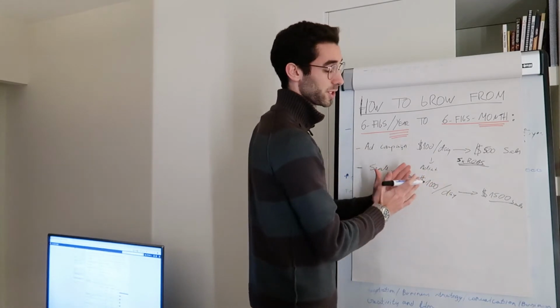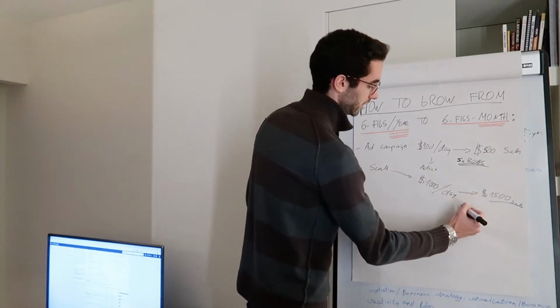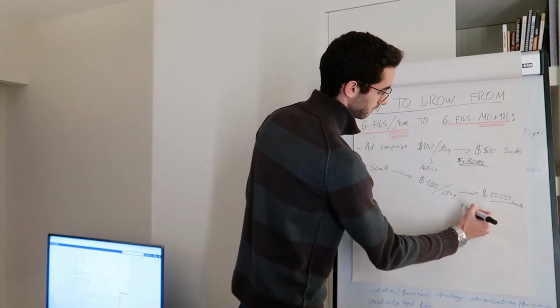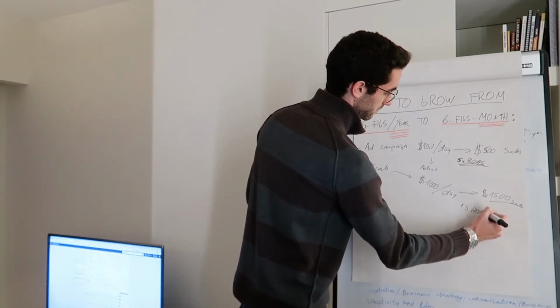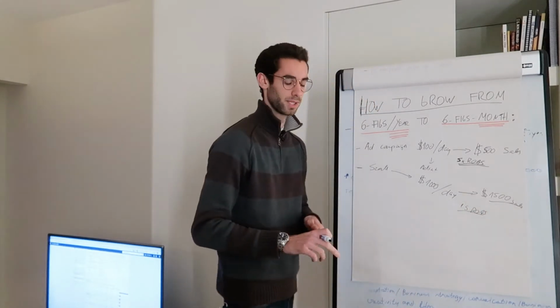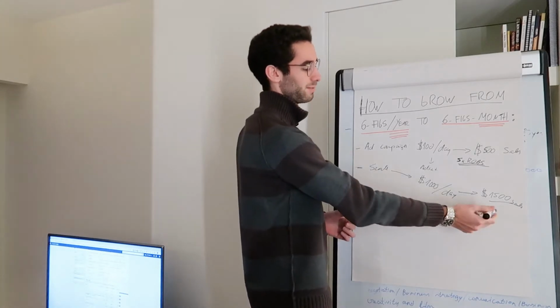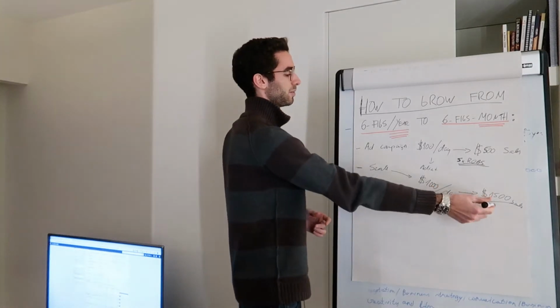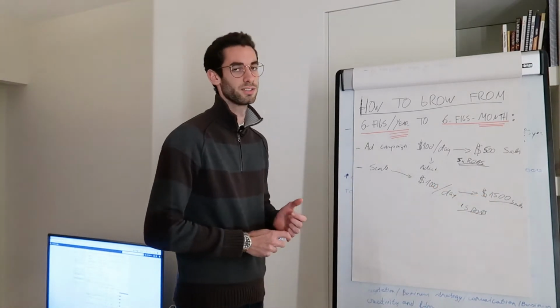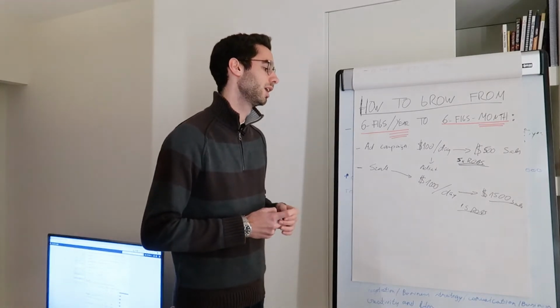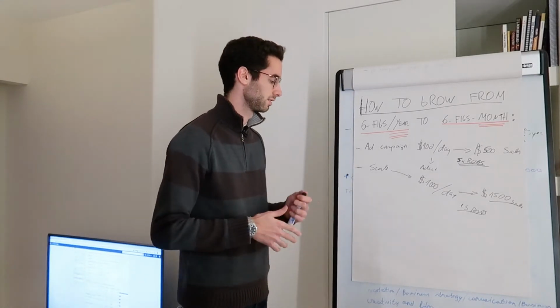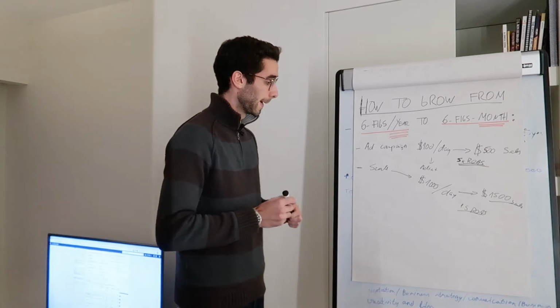Considering the amount that you're spending on ads, you're only making a 1.5 return on ad spend, which is not good. If you're spending $1,000 a day and making $1,500 in sales, you're probably not even breaking even, considering all the costs involved with the sale.